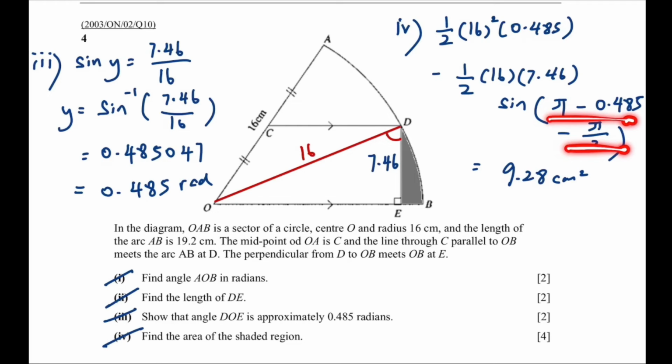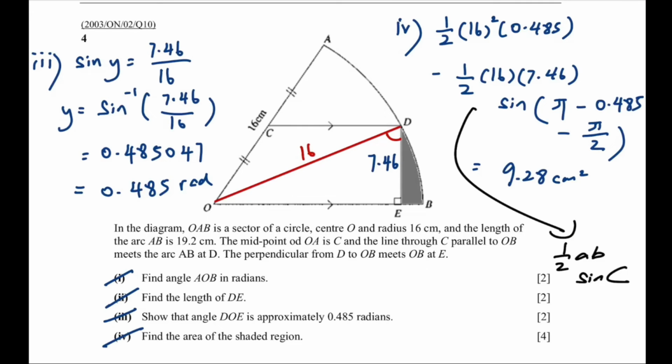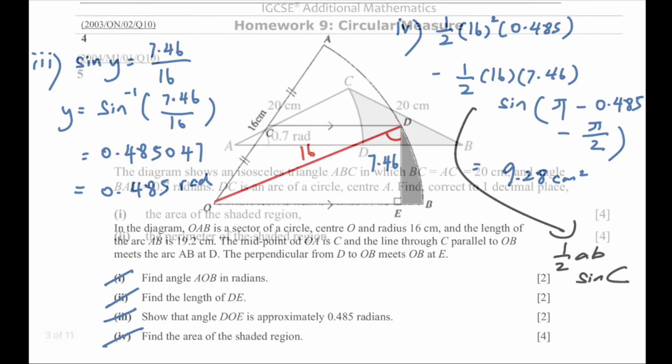What is this? This is 180 degrees for the sum of interior angles of a triangle, minus the angle here, minus the angle here. Then you have the angle here. This is pi minus 0.8485 minus pi over 2. You must get the angle here because I'm using these two sides. This is the formula of 1/2 ab sine C. So this is about question 4.